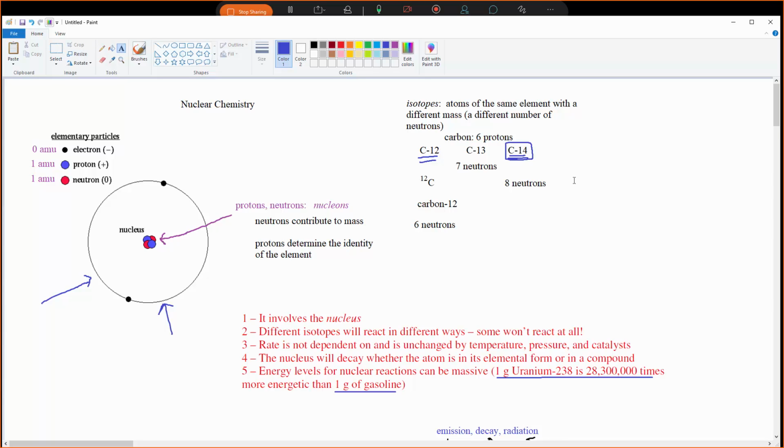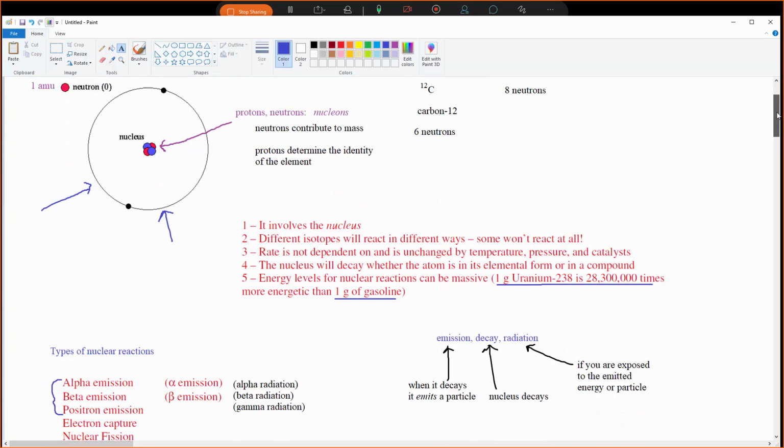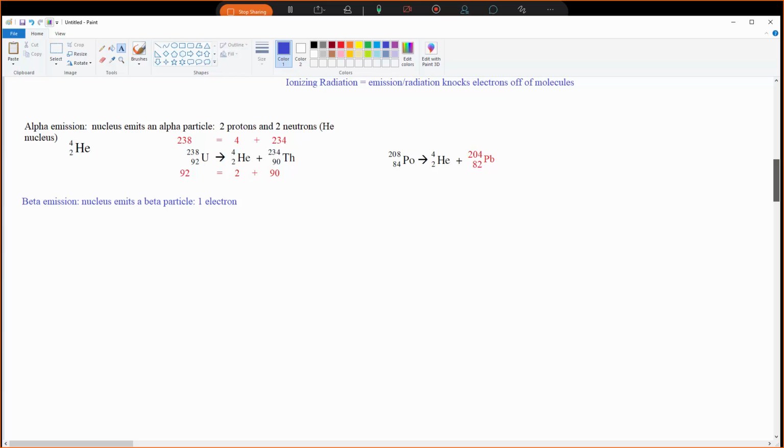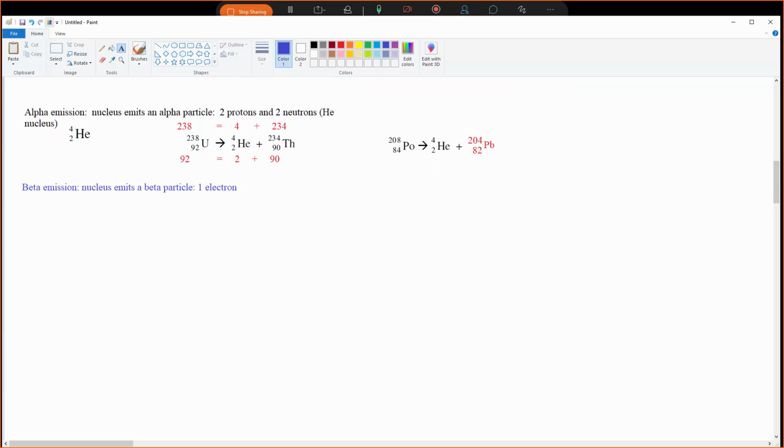So where's that electron coming from? Well, beta particles are electrons, yes. They do not come from the electron cloud. They come from the nucleus, from the decay of a neutron.